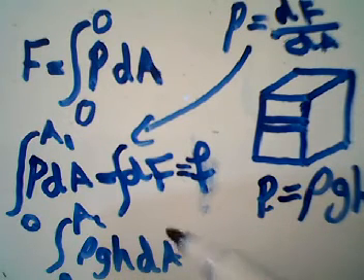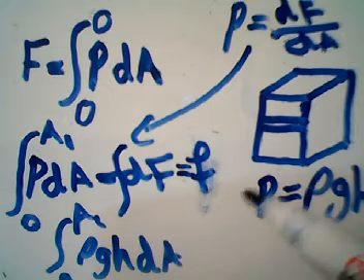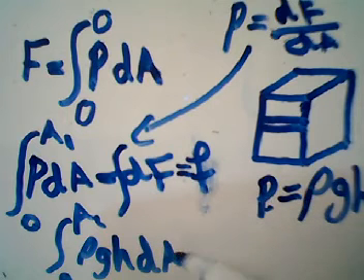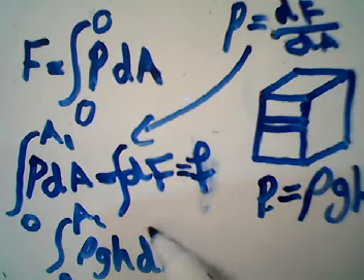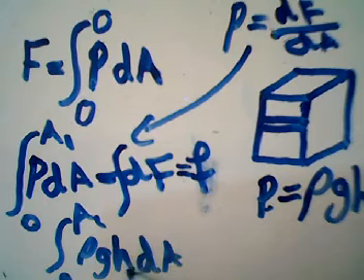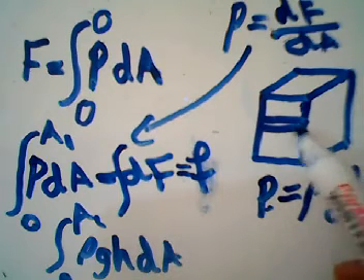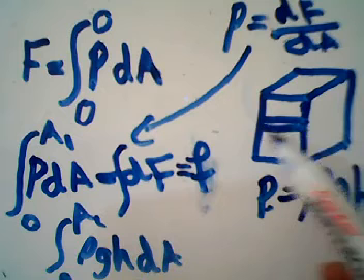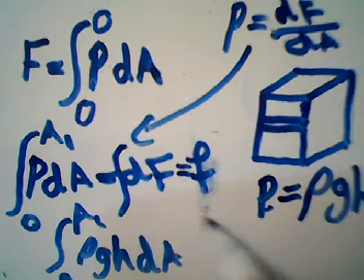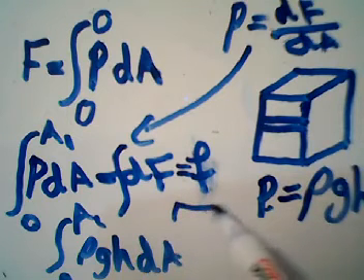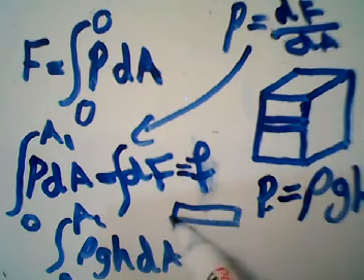We couldn't calculate it the way it is written like this, but we should write dA with respect to h. How? dA was the area of the infinitesimal surface. Let me draw it here, this infinitesimal surface.